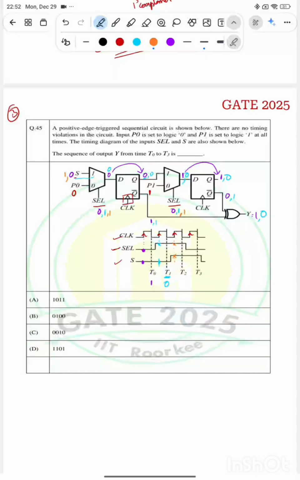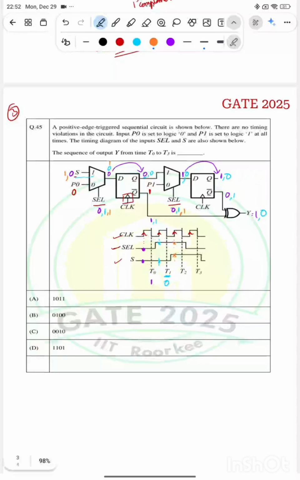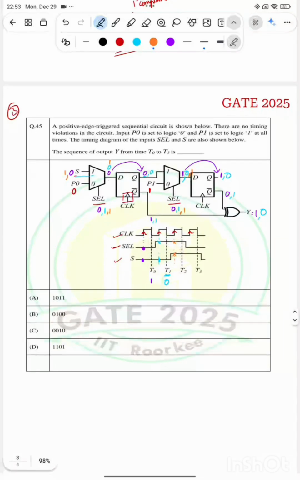So when SCL is 1, the output of first mux will be equal to 1. And the previous input was 0 here, so the output of second will be equal to, sorry not 1, I mean 0.